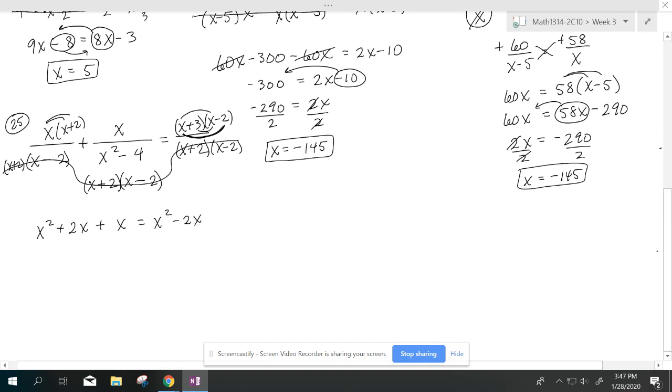On the inside, plus 3x. And last but not least, minus 6. And I'm hoping at this point that y'all are getting pretty efficient at the FOIL method. That's kind of important.